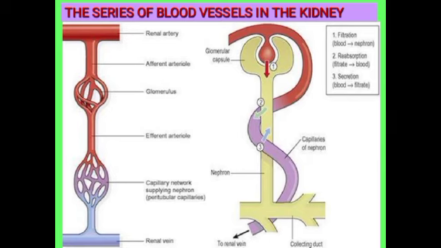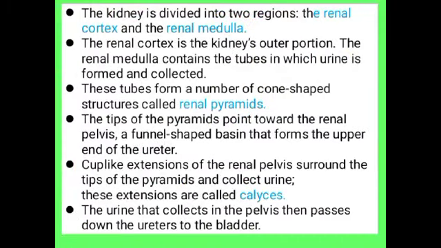From the glomerulus, blood leaves into the efferent arteriole. From the efferent arteriole, there is a capillary bed where exchange takes place, and the blood then gets into the venules, then into the renal vein, and leaves the body. So this is how it goes.